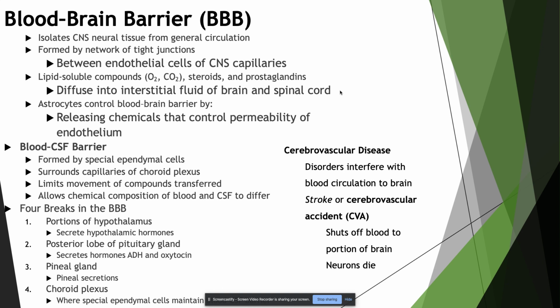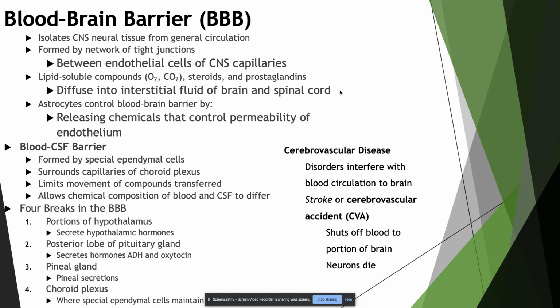In contrast, only trace amounts of circulating norepinephrine, epinephrine, dopamine, and serotonin pass into the interstitial fluid or the CSF of the brain. This limitation is important because these compounds are neurotransmitters. Their entry from the bloodstream, where the concentrations can be relatively high, could result in the uncontrolled stimulation of neurons throughout the brain.